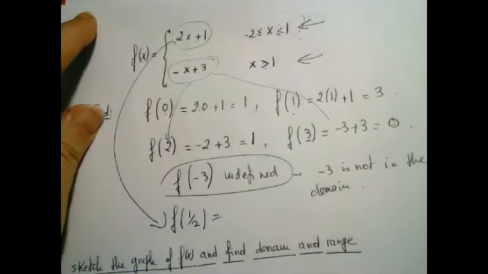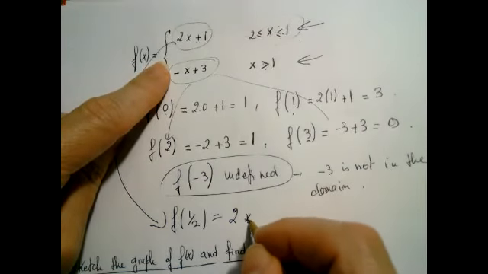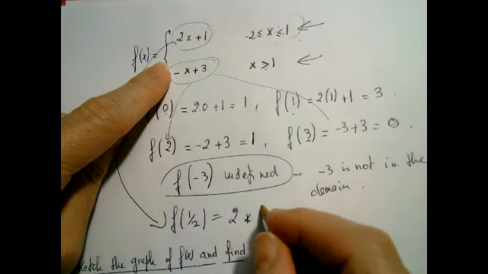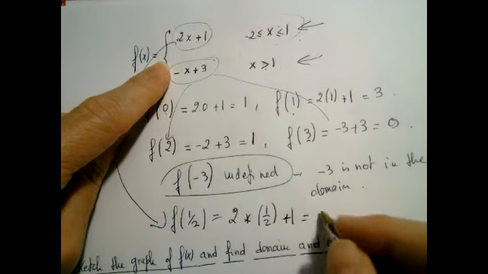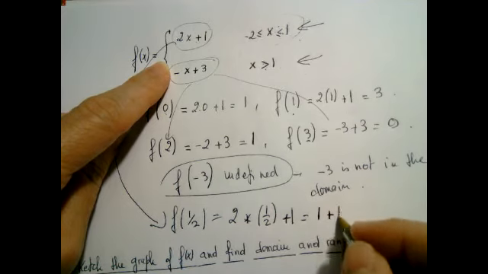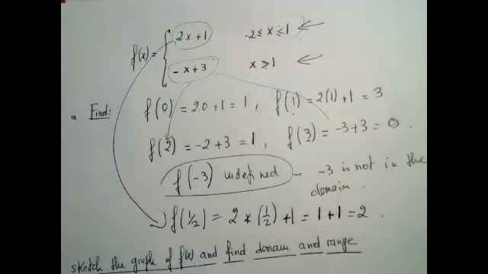If it's here, that's the rule that's going to be applied. I will get 2 times 1/2 plus 1. 2 times 1/2 is 1. 1 plus 1 is equal to 2. Okay?